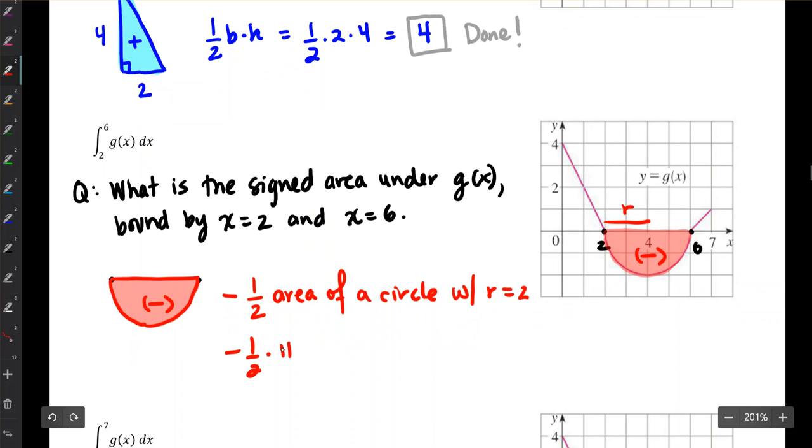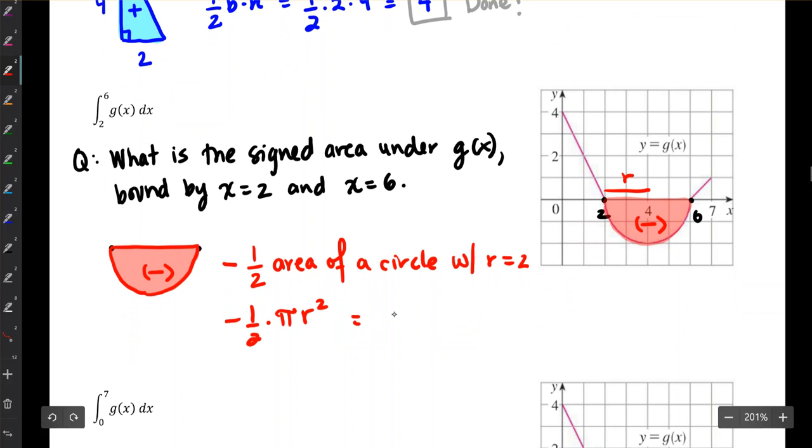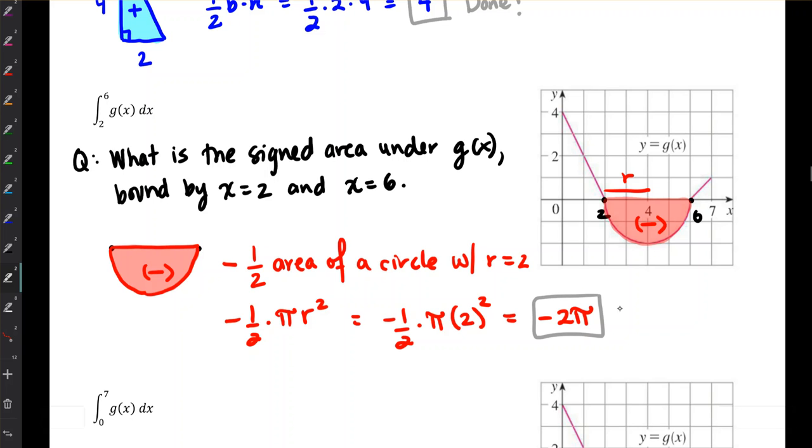Area of a circle is pi r squared. We've got minus a half times pi times 2 squared, which will be minus 2 pi. And you could say units squared if you wanted.